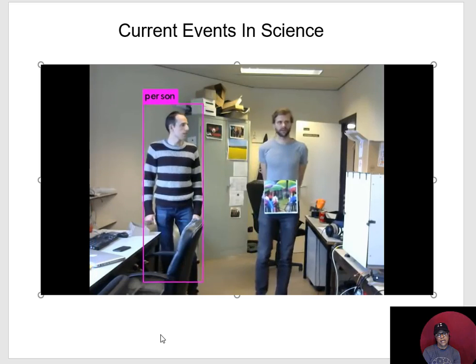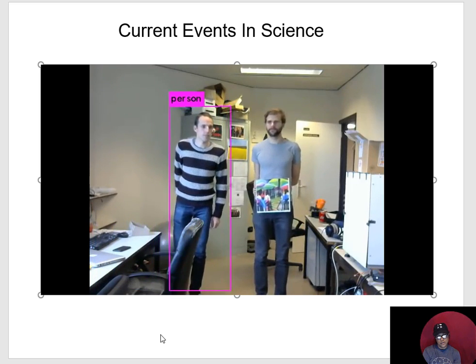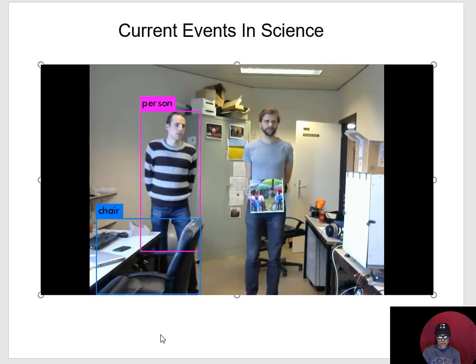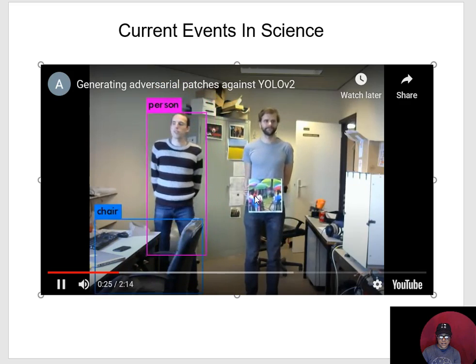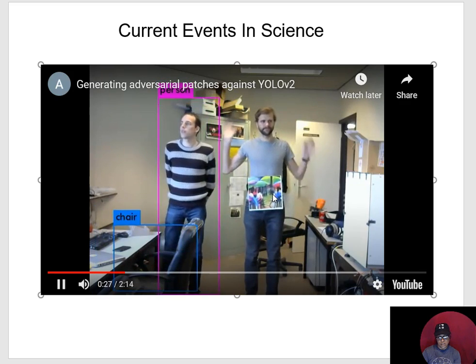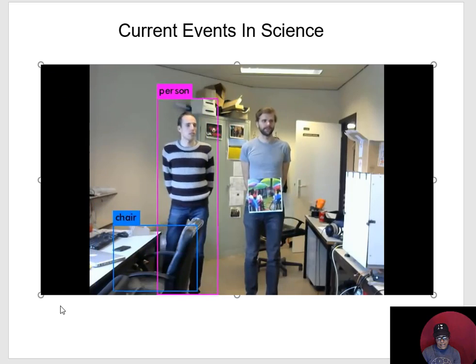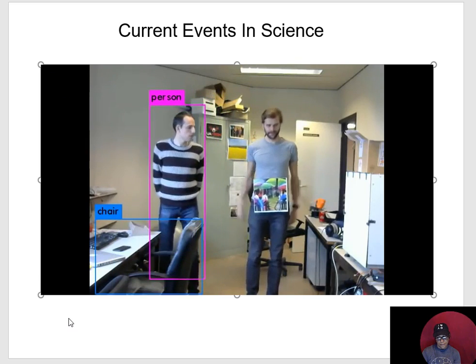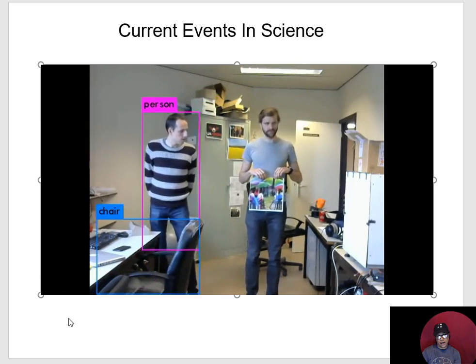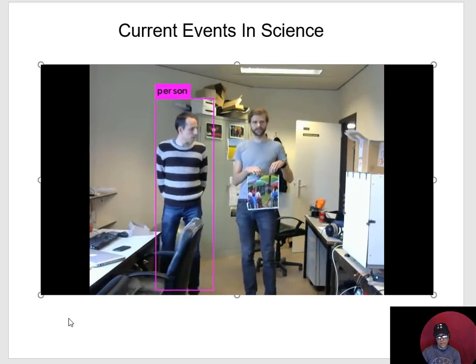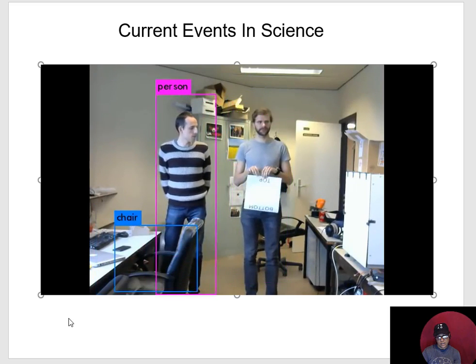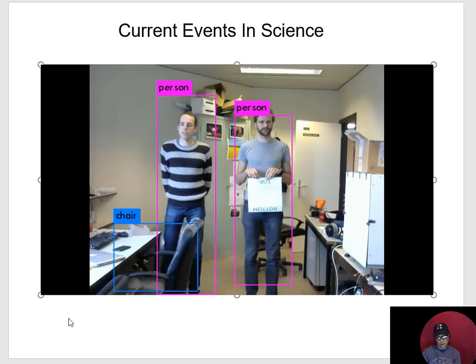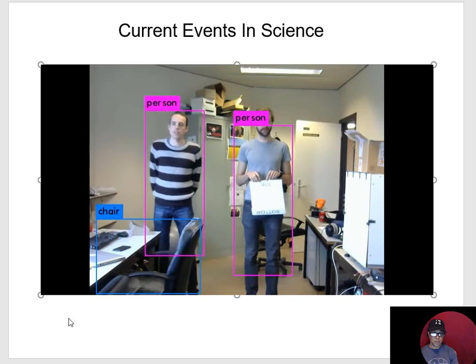It's a specialty, which is very interesting. And it seems like it's a pretty fun specialty. And what they've come up with is this image here, which looks to us very much like just a party scene, but it very much fools the algorithm. And so when that image is used, the algorithm doesn't know it's a person. You can see he just turned around and the algorithm's like, oh, well, there's a person now.